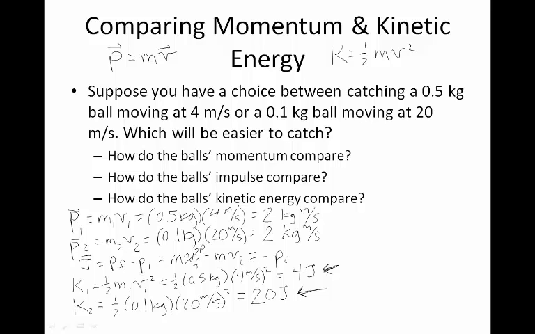And this is really where you can see it from the physics. The energy required to stop the faster ball is 5 times more than the energy required to stop the slower moving ball. Okay, so hopefully that gives you a little bit of sense of how we can translate these physics concepts to our qualitative understanding of the world.